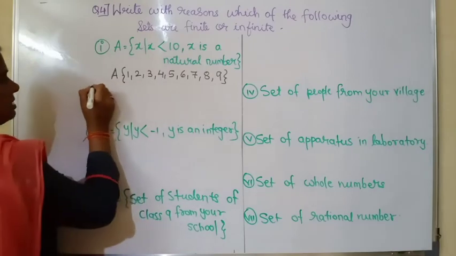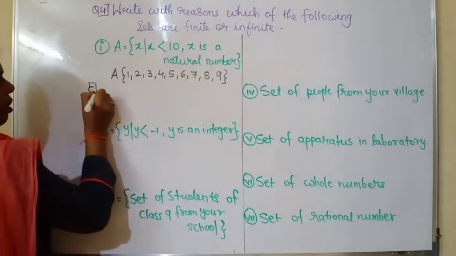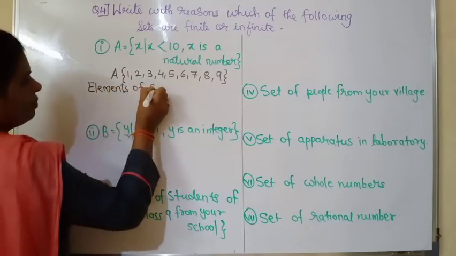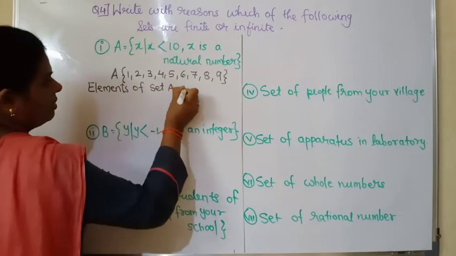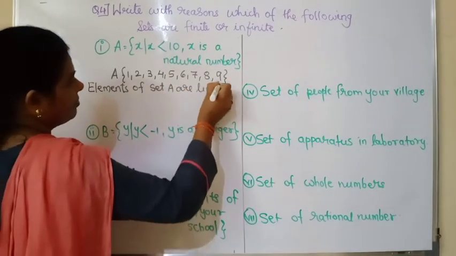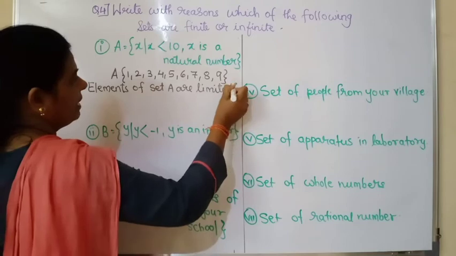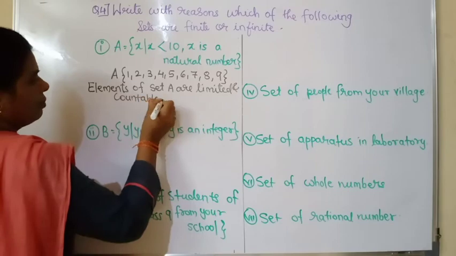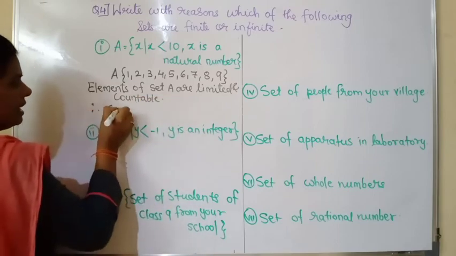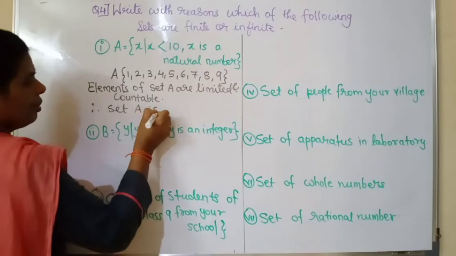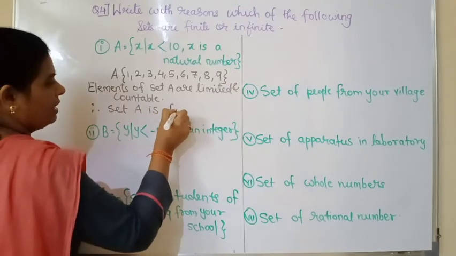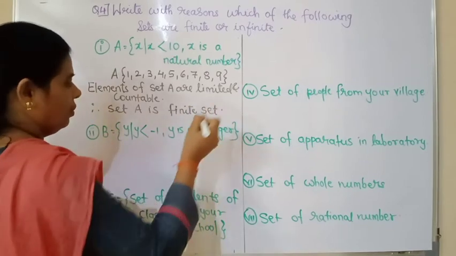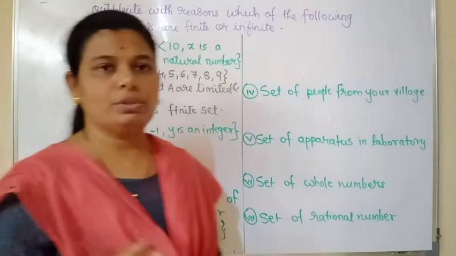So we will write the result, that is: the elements of set A are limited and countable. Therefore set A is a finite set. Okay, why? Because limitation is given to this set.